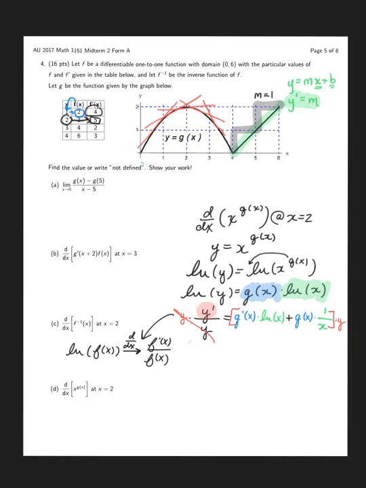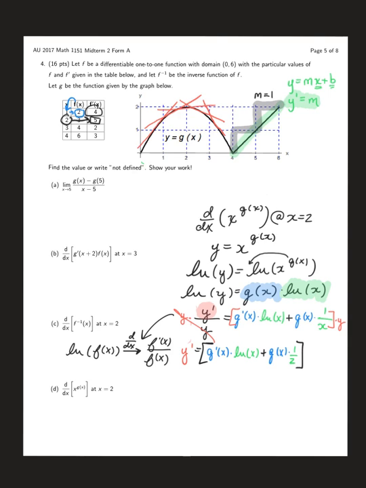I'm good. So what I have now is that y prime is equal to, let's see here, g prime of x times the natural log of x plus g of x times 1 over x, and we're not done yet, times y.